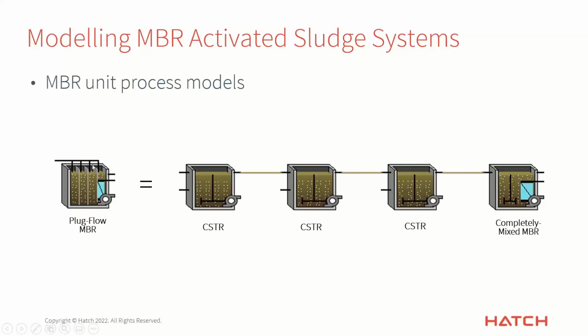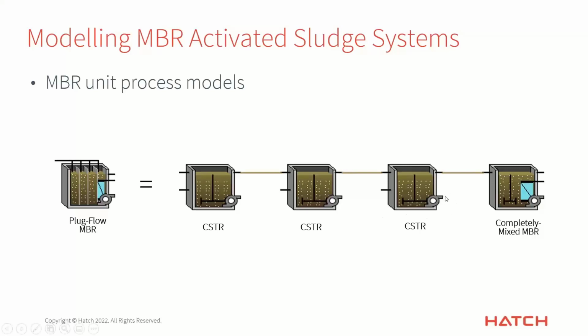Now, I tend to use the plug flow MBR a little bit more frequently than the other options. Mostly it's a little tidier on the drawing board, and also because it has a few more graphing and output options when you combine all of the reactors together into one object. You can get those really nice colored bar graphs. But to be honest, it works either way, and you're welcome to work with whatever makes you most comfortable.